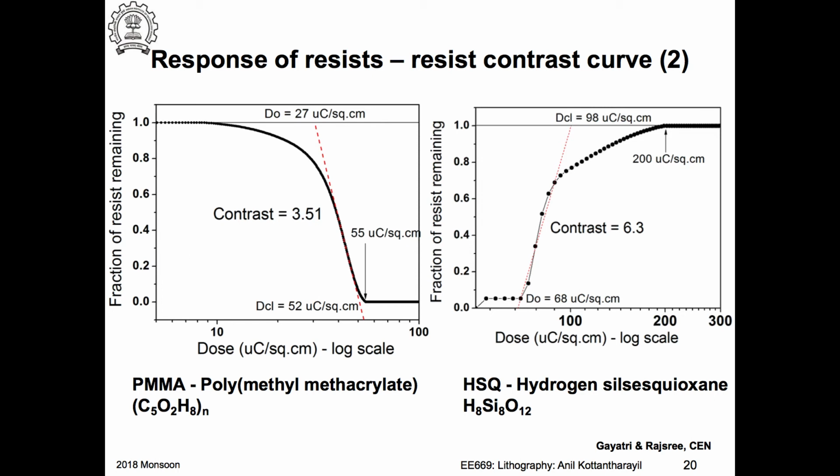Now if we combine this, the resist properties and then the modulation transfer function, we should be able to understand what would be the shape of the photoresist that we would get after exposure and development. Okay, so let us say this is the modulation transfer function, right?